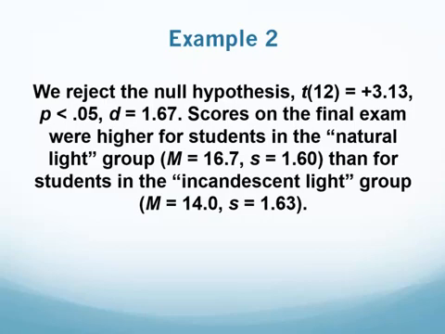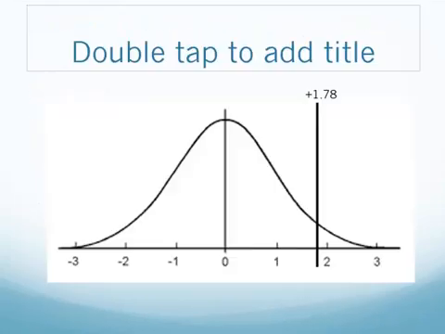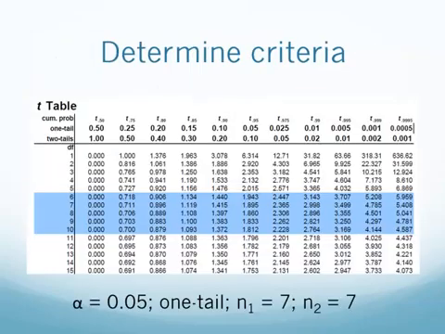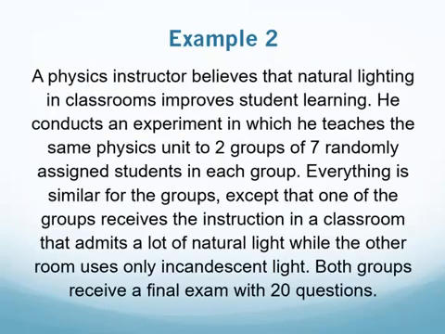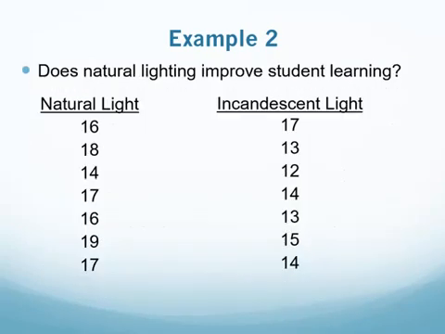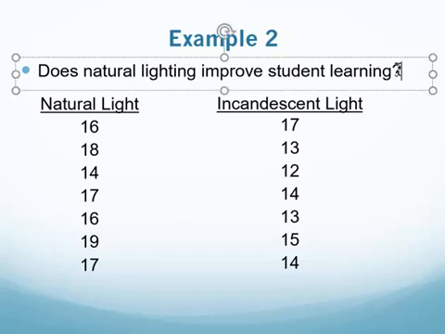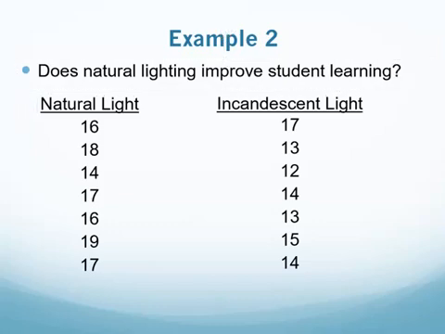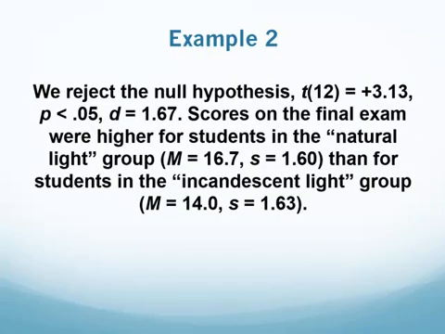But here we'll just use the conventional alpha of 0.05. Anyway, the alpha should be 0.05. We rejected the null at an alpha of 0.05.